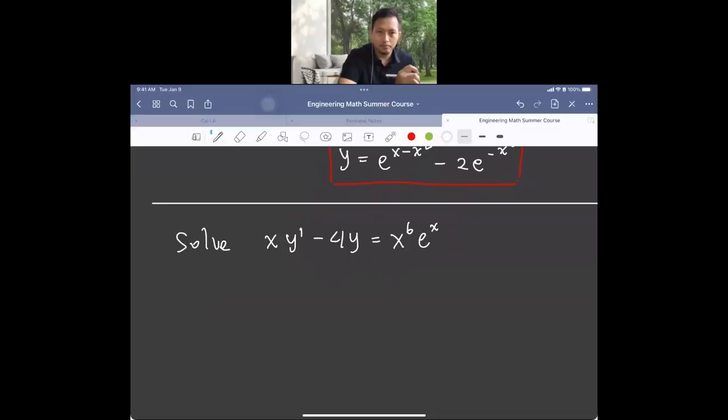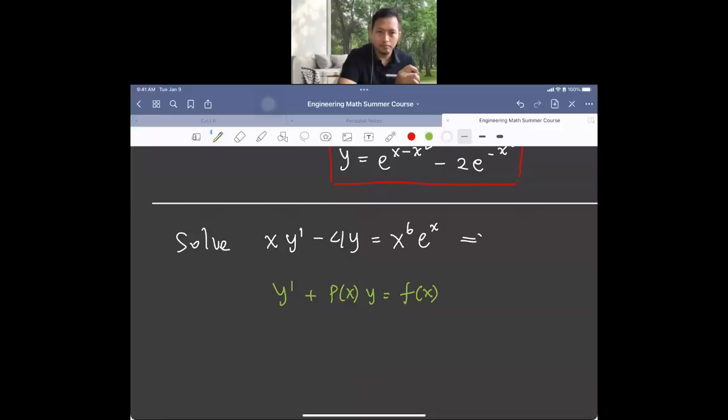Okay, let me just go straight. So first, maybe we need to simplify. Sometimes to solve a first order linear differential equation, you need to rewrite it to make it a standard form. So the idea is you need to make it in this form.